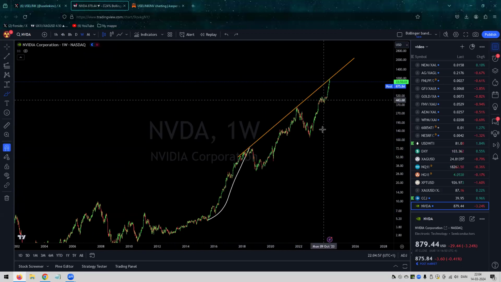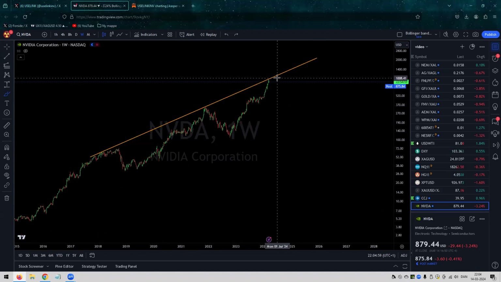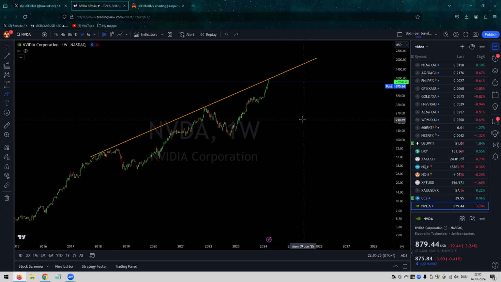Again, massive resistance here for Nvidia, and we are very close to that $1,000 level. Going from 3 digits to 4 is always a big resistance, or going from double to triple digits. These even numbers always have a huge role, and we are basically a tad below. We almost touched the $1K mark.